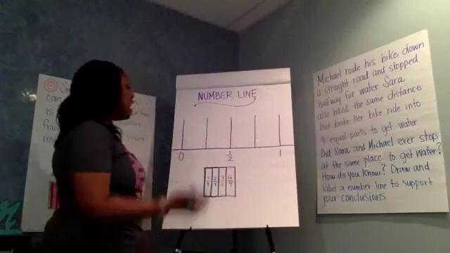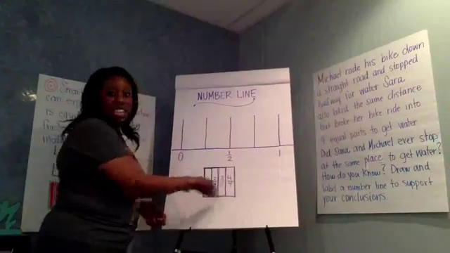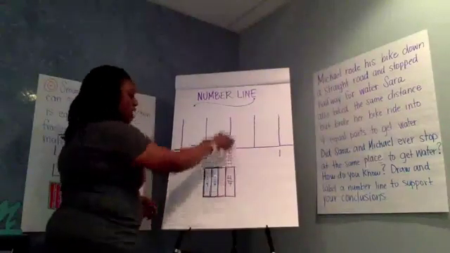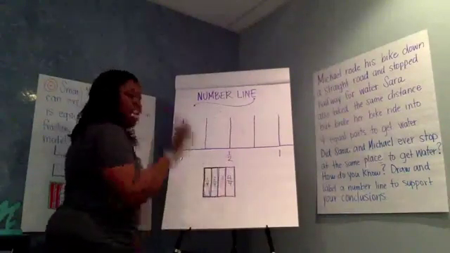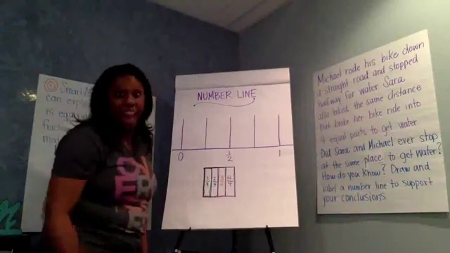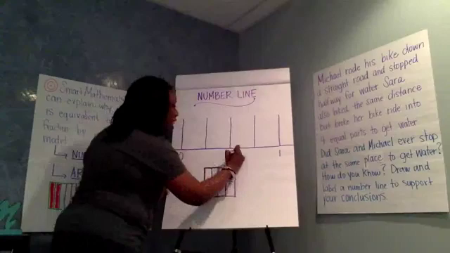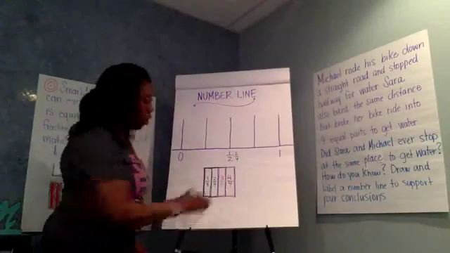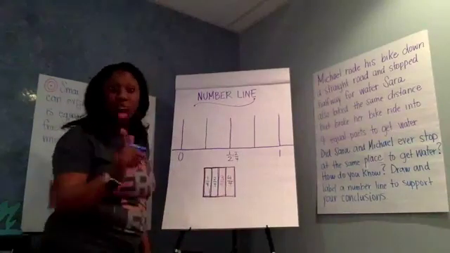Okay? So now we just need to take our fractions that are down here from our area model and put them up here. So we already know that this is 1/2. Okay? Now your child might recognize that 2/4 is the same thing as 1/2. I hope they do. All right? So we already know that this is the same thing. Okay? Your child might also know that 4/4 is the same thing as 1.